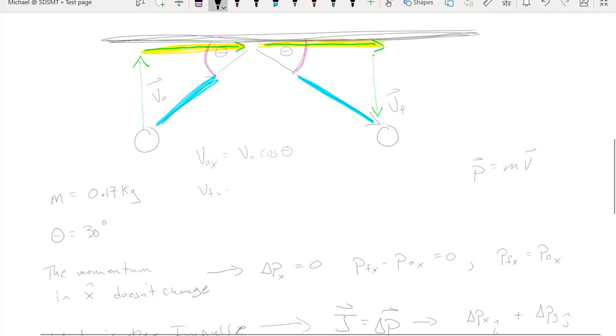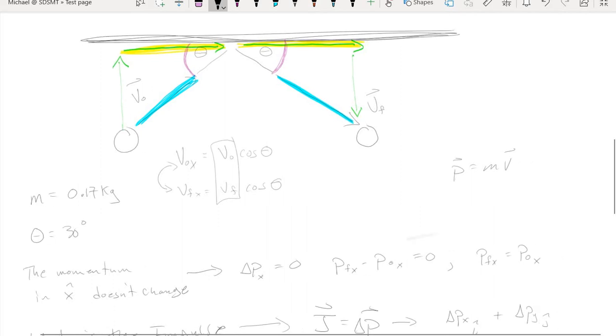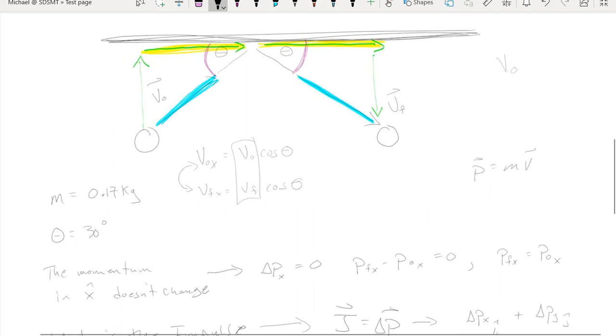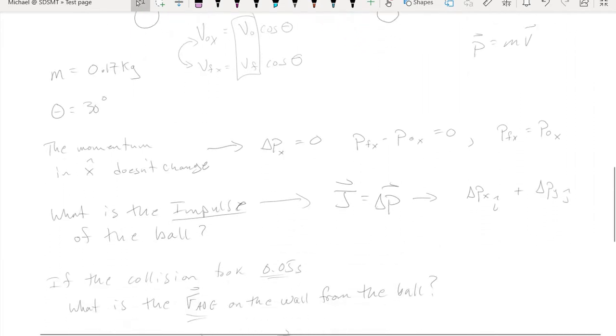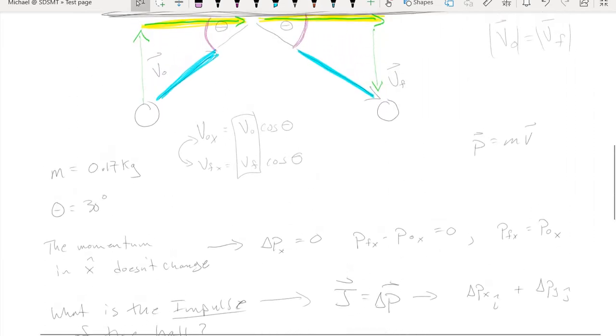But that means that if the two components of velocity in the x direction are equal to each other, then the magnitudes of the velocities have to be equal to each other as well. So that's the first bit of information that we get out of this system.